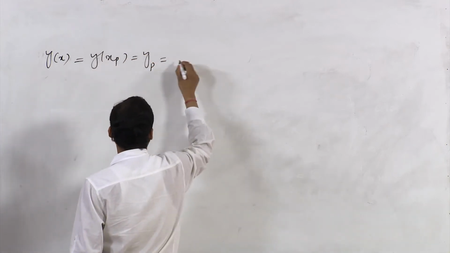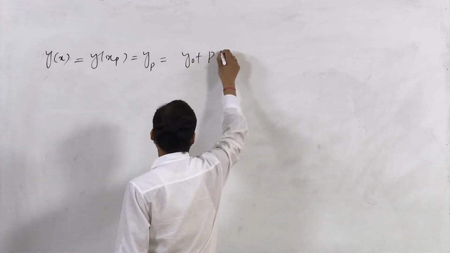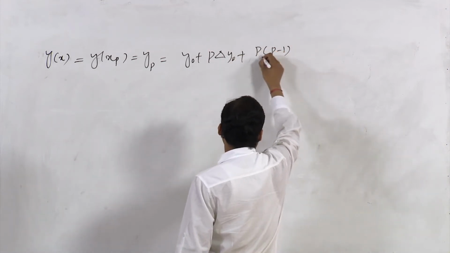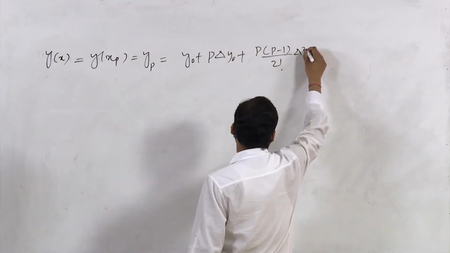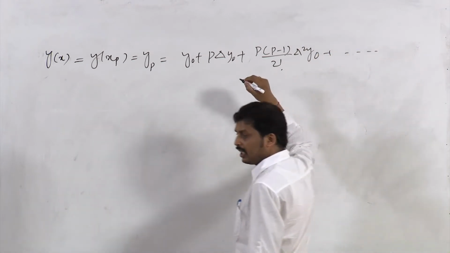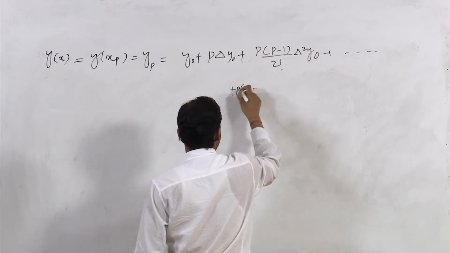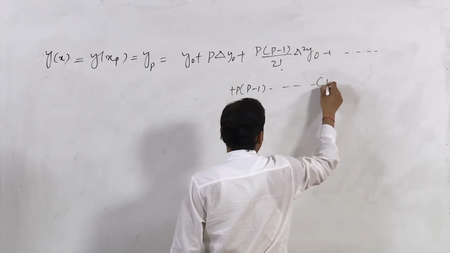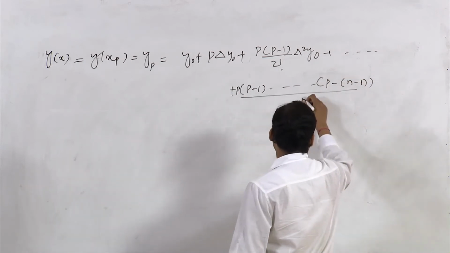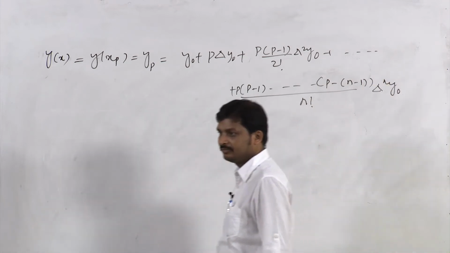This can be written as y0 plus p delta y0 plus p into p minus 1 by factorial 2 del square of y0, plus up to p into p minus 1, up to p minus of n minus 1, divided by n factorial, del to the power n of y0.